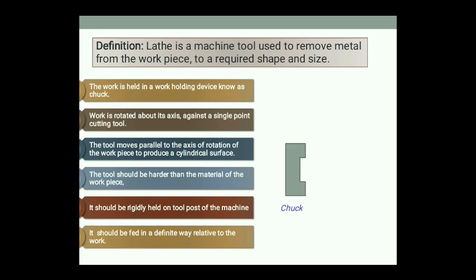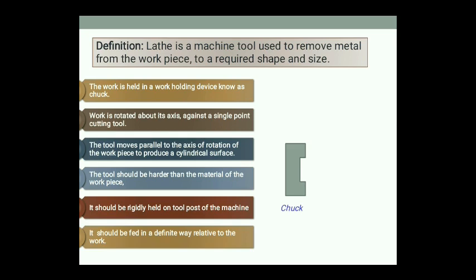When the tool comes in contact with the workpiece, the metal is removed in the form of chips. The work is held in the work holding device known as chuck. The work is rotated about its axis against a single point cutting tool. The tool moves parallel to the axis of rotation of the workpiece to produce a cylindrical surface.